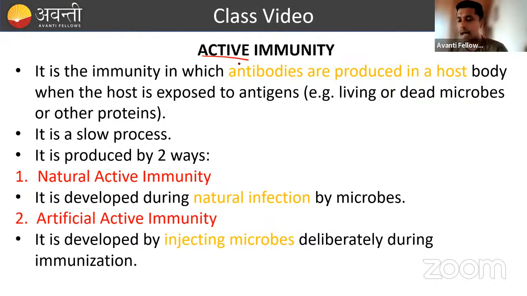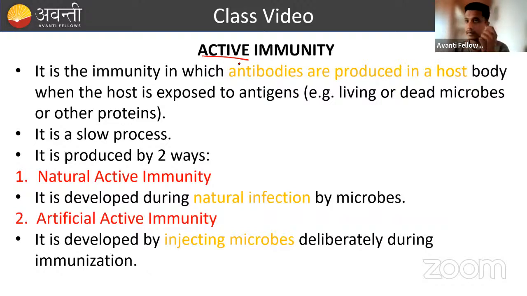Okay. So how does this happen? Whenever our body or our host is exposed to an antigen, it can be anything. It can be a living organism. It can be a dead microbe, or it might be any foreign particles like dust, pollen grain, or any of the lipids or proteins, etc. Any of these substances enter our body.